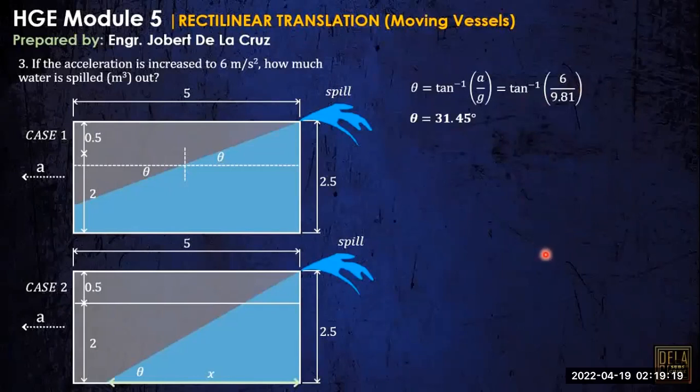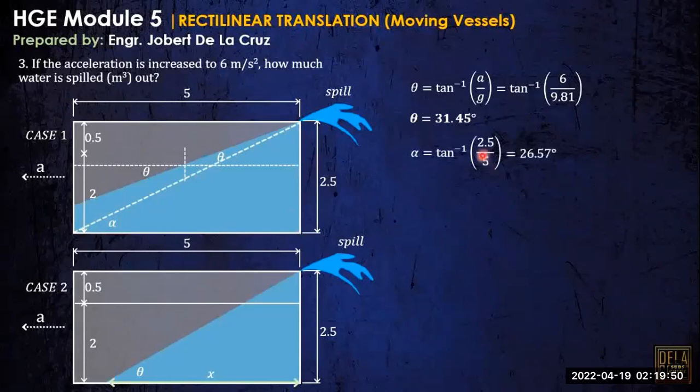Now, in order for us to be sure kung anong case yung gagamitin natin, is to check natin yung angle of inclination dito. So, ito yung magiging basis natin. Mache-check natin if lumagpas ba siya dito or hindi. Okay? So, let's call this one as alpha na lang, no? So, that one, by arctangent opposite 2.5 over 5, then we can solve the alpha.